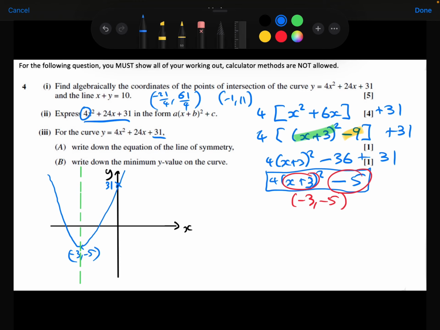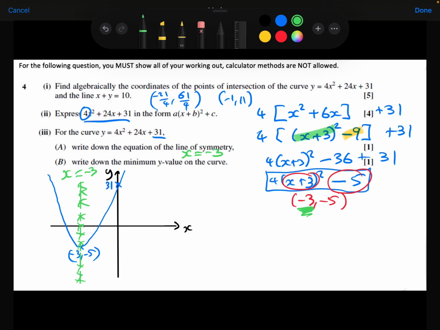The equation of that line is x equals minus 3. Every point on this line has an x coordinate of minus 3. Therefore, that's the equation x equals minus 3. Like I said, we didn't need to draw the graph for that. We could have just looked at the 3 there and said x equals minus 3. But hopefully it makes sense why with the sketch.